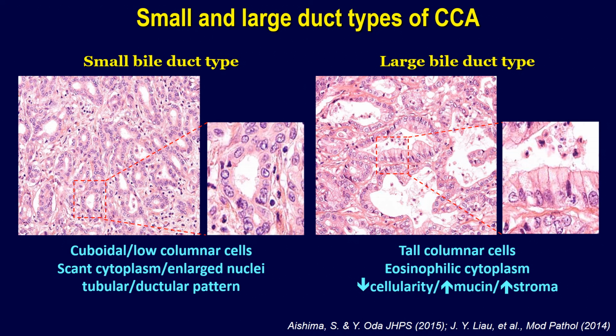The small bile duct type cholangiocarcinoma is typically composed of cuboidal cells or low columnar cells with scant cytoplasm and large nuclei, and shows a tubular or ductular pattern of growth. In contrast, large bile duct type is composed of tall columnar cells with eosinophilic cytoplasm and characterized by low cellularity and abundant mucin and fibrous stroma.